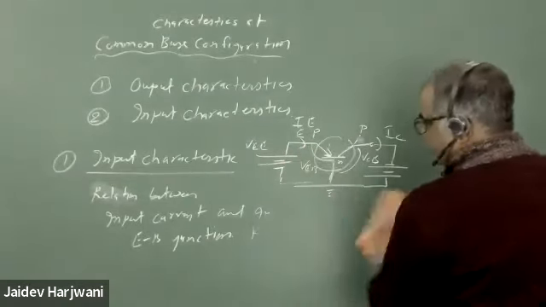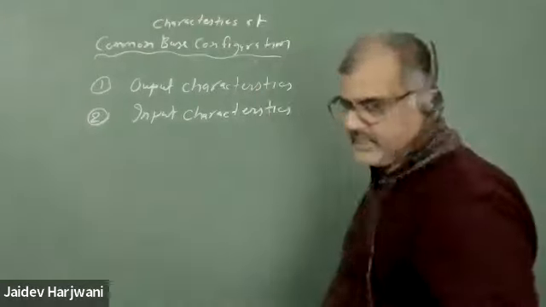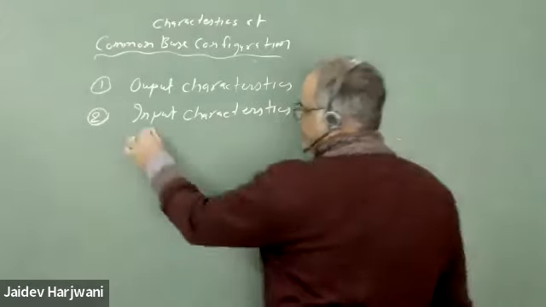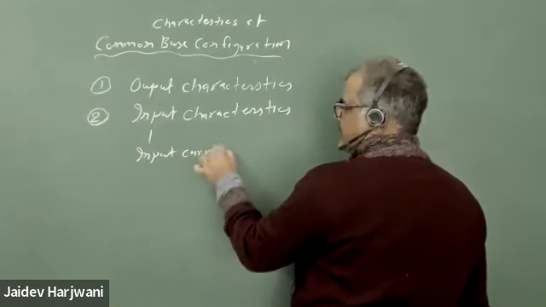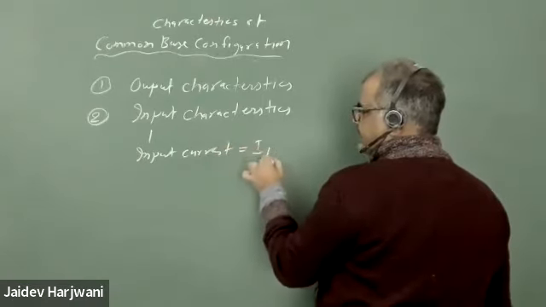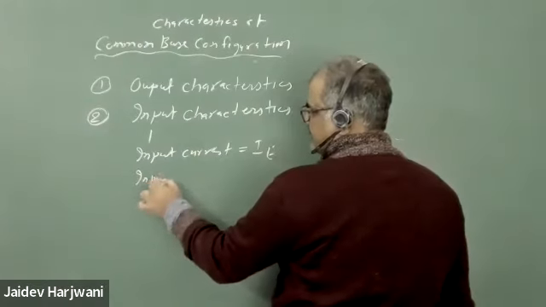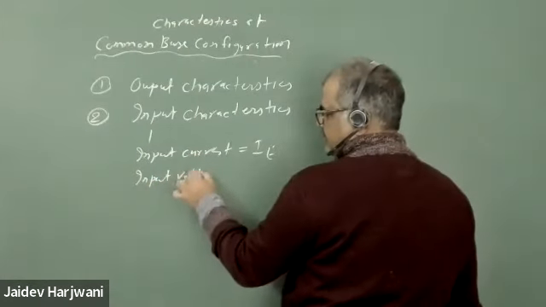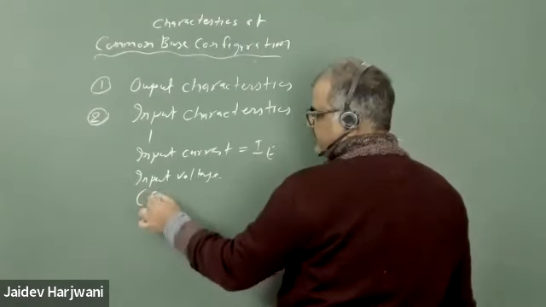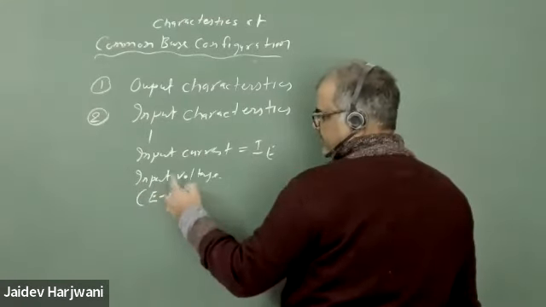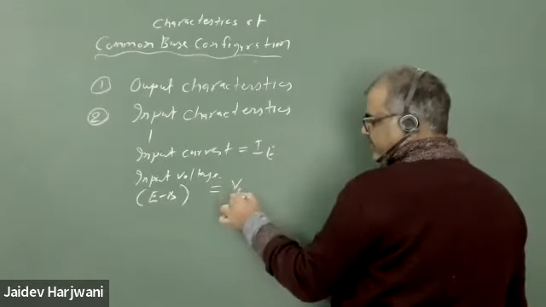Now let me draw it. Input characteristic means you have an input current, which you call IE, and an input voltage, or the voltage at the EB junction, that is your VEB.